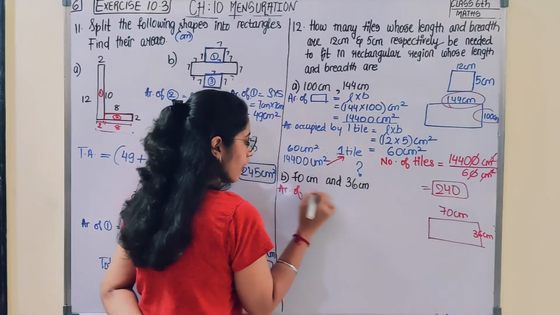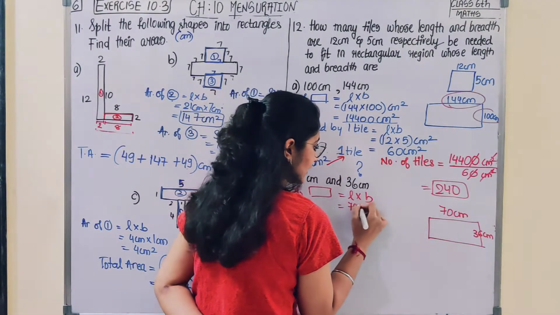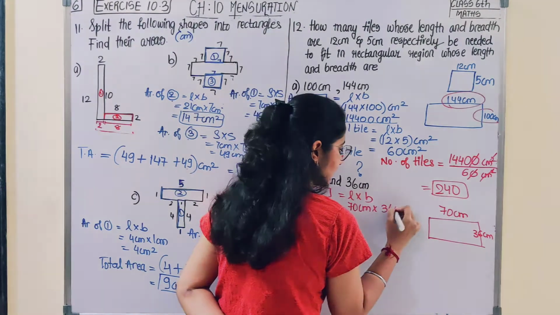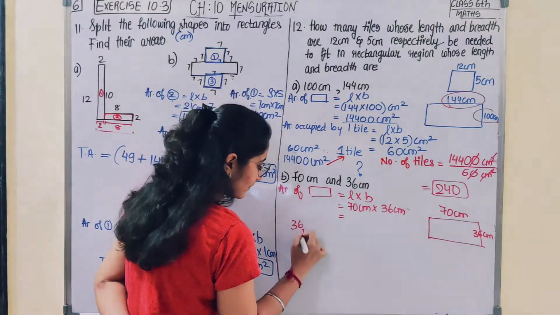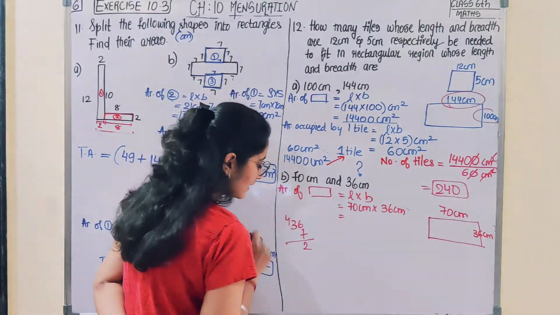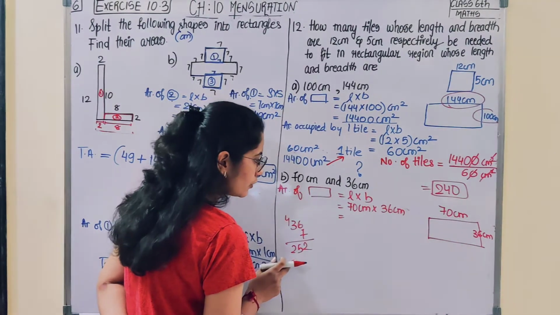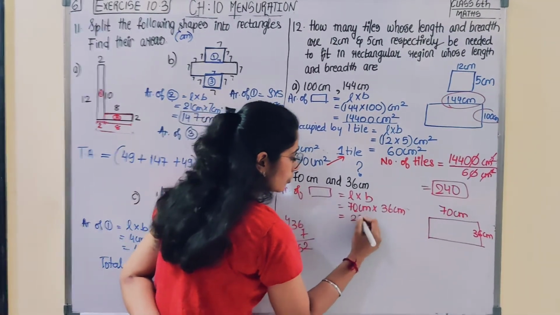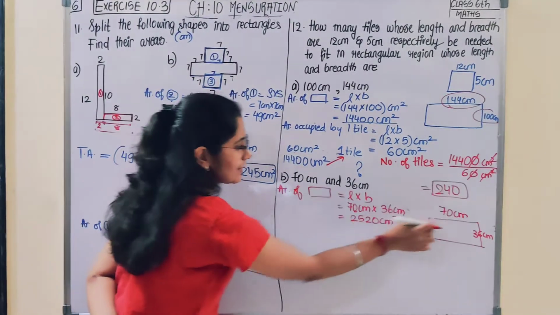So area of that rectangular plot is length into breadth, that is 70 centimeter into 36 centimeter. Okay, so 36 multiplied by 7, 7 6s are 42, 7 3s are 21 plus 4, 25, 252 and this one 0 remains. So 2520 centimeter square is the area of this rectangle.